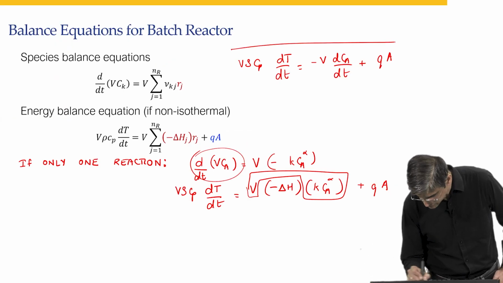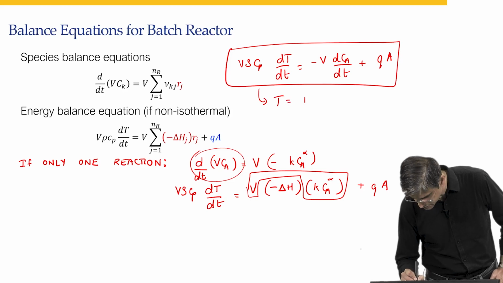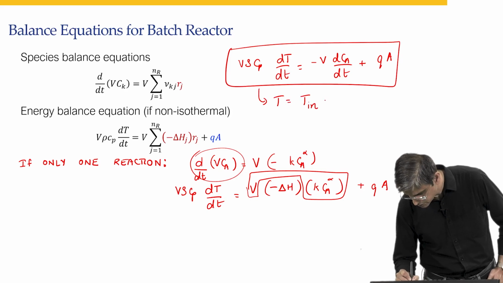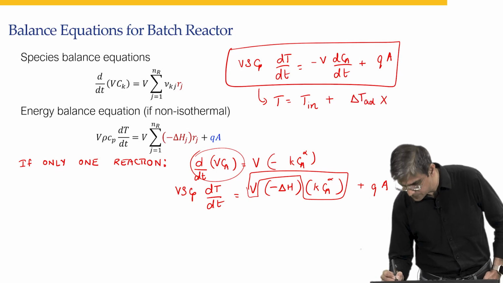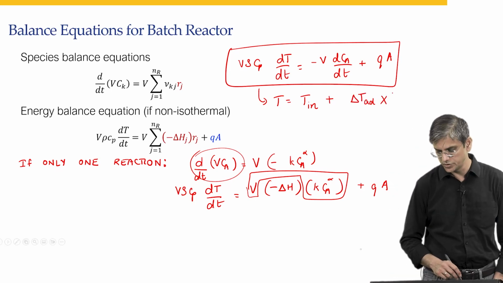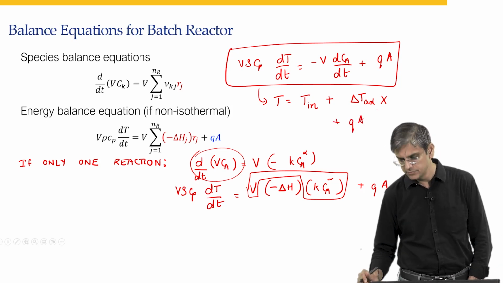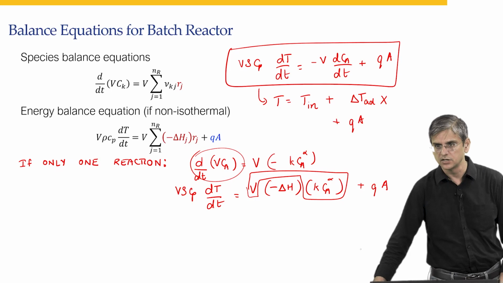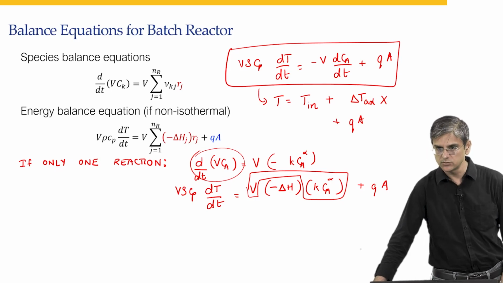And because of this you are going to get an equation of the nature T is equal to T_0 plus delta T adiabatic multiplied by conversion if there is no heat transfer. If there is heat transfer, then you will have QA from heat transfer as well. So this is the kind of form that you will expect to get.